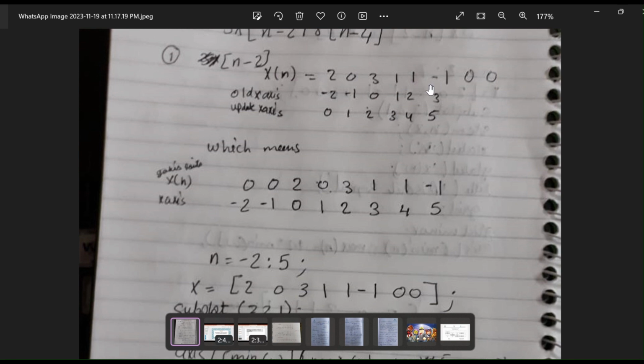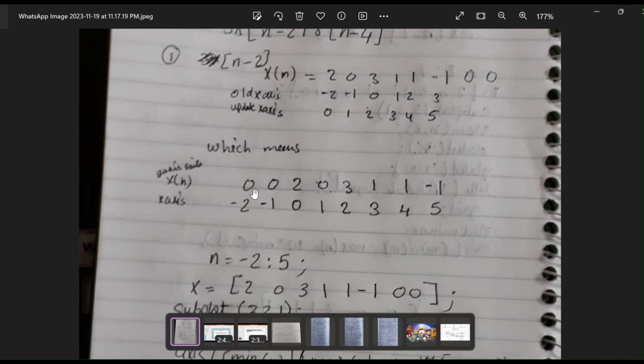I said I want to shift to the right by 2, which is n minus 2. To do this, you're going to add +2, to shift to the right. So +2 means 0, 1, 2, 3, 4, and 5. When you add 2 to the axis, 3 plus 2 is 5, 2 plus 2 is 4. Okay? So this is the updated axis.